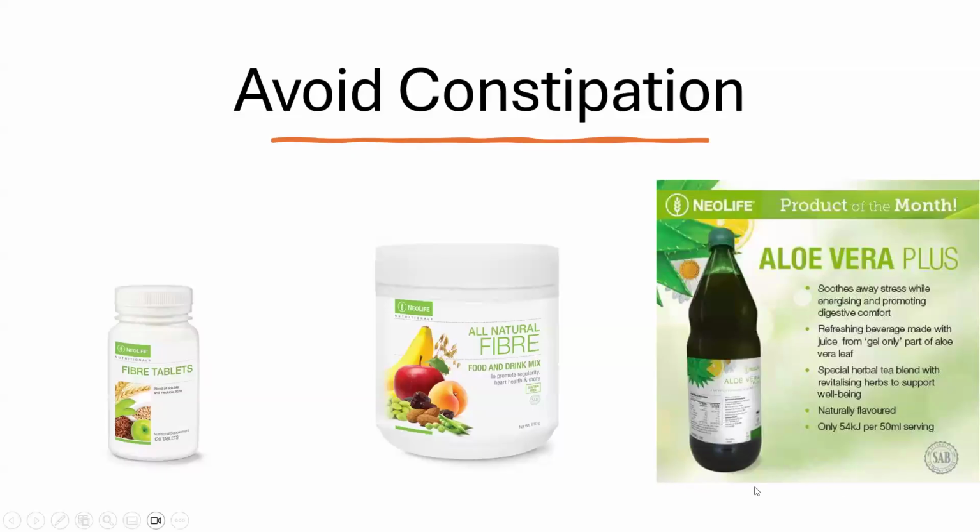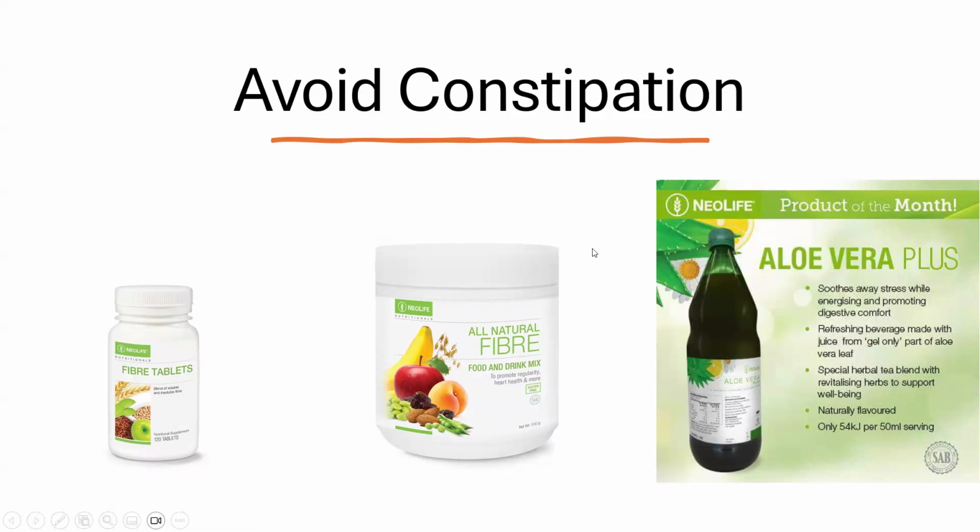We also have aloe vera, which has been shown to help with digestive comfort because, again, once the body is incapable in the gut of making adequate amounts of the smooth mucus to allow the stool to be evacuated properly, then constipation becomes a vicious cycle, and aloe vera has been shown to help.